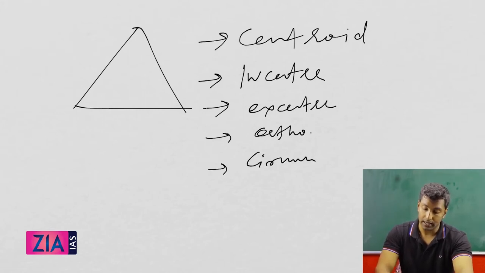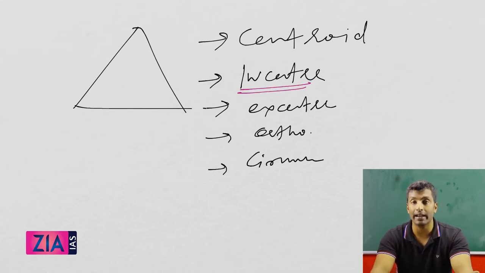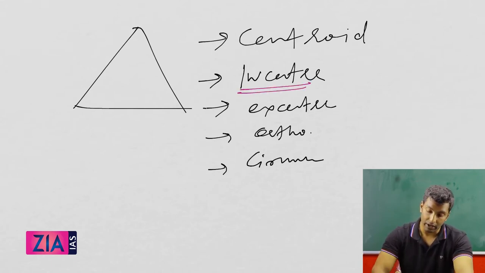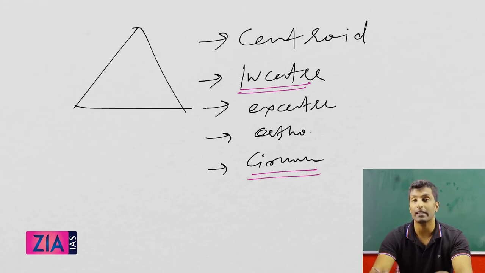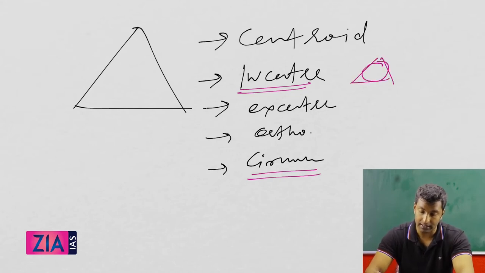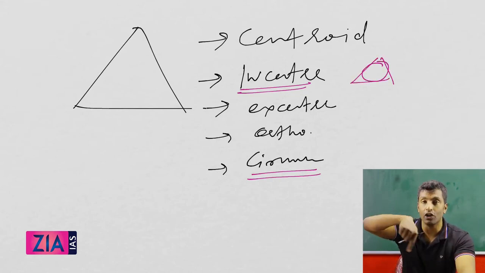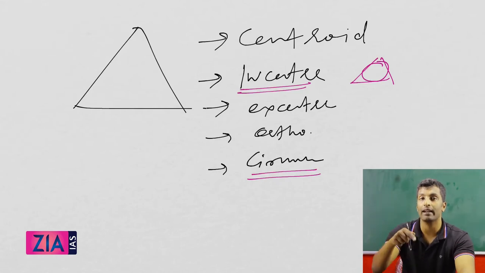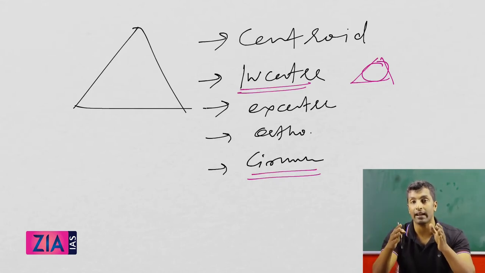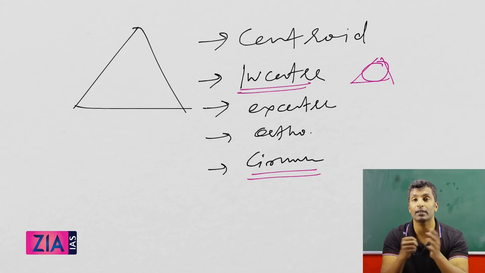When we talk about the incenter, you might have seen the inradius and incircle. When we talk about the circumcenter, you might have seen the circumcircle, circumradius, etc. So this is the incircle, which is touching all 3 sides of the triangle. In fact, the 3 sides of the triangle are acting as tangents to the circle.